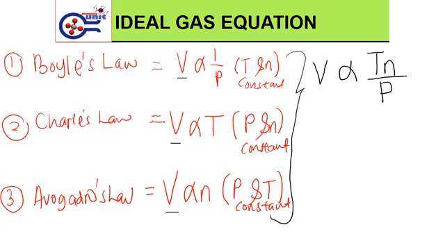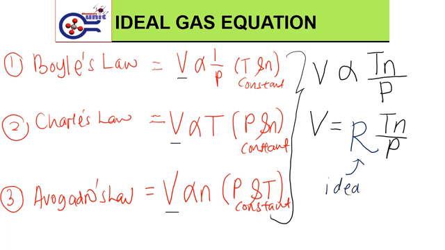So as usual, we can relate with a constant value, where V equals Tn divided by P with the new constant R. This R is known as the ideal gas constant.